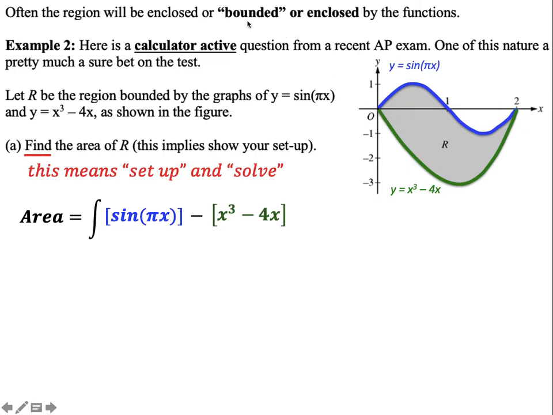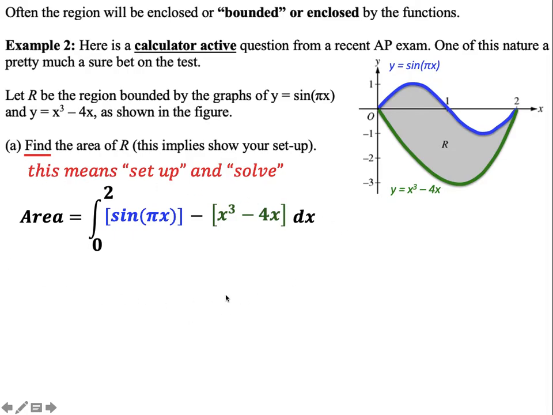This is called a bounded or enclosed area. In other words, we have points of intersection here that close off the shape. The left intersection point is at 0, and the right intersection point is at 2. That's pretty obvious from the graph here. But if it wasn't obvious, we'd have to set this function and this function equal to each other and solve for those values.